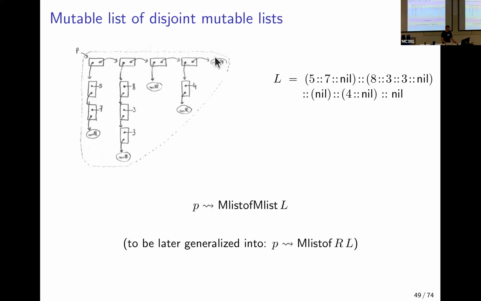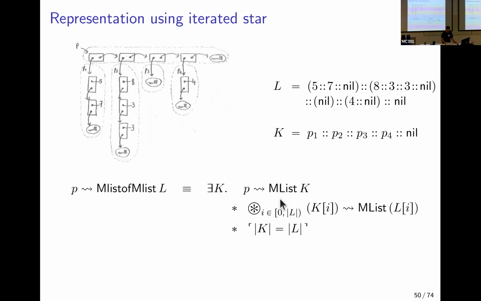So if you have a mutable list of mutable lists, you can define this M list of M list thing, so you can do two things. You can do the brute force thing of saying you have an iterated star for every one of the values that are stored in the first list. So there would be pointers, and then for every one of those, K of I points to M list of L of I, and L is a list of lists.